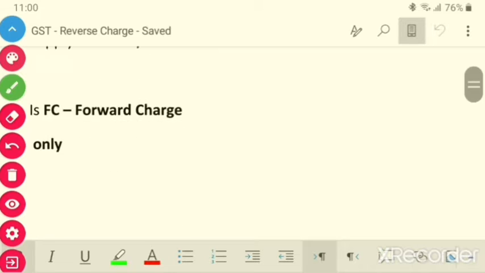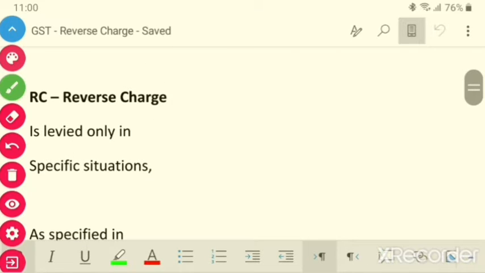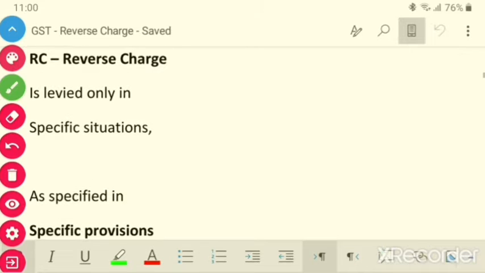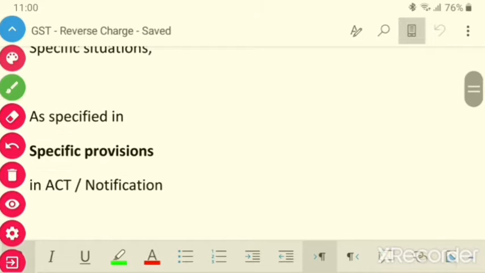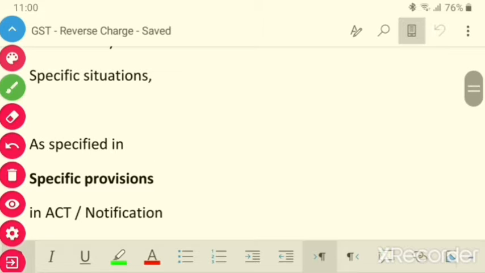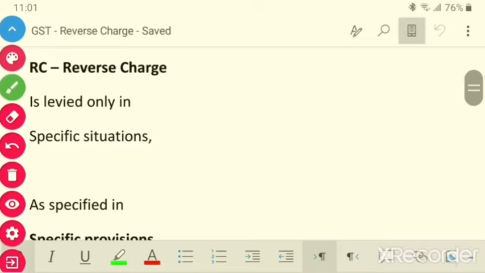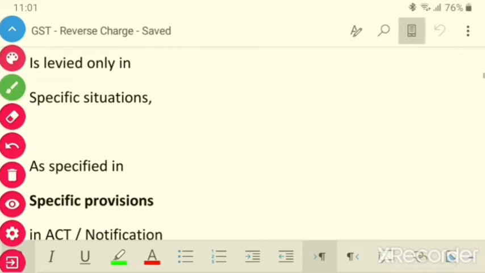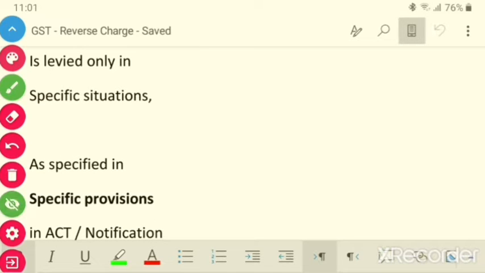Reverse charge is levied only in specific situations as specified in specific provisions in the Act or any notification.